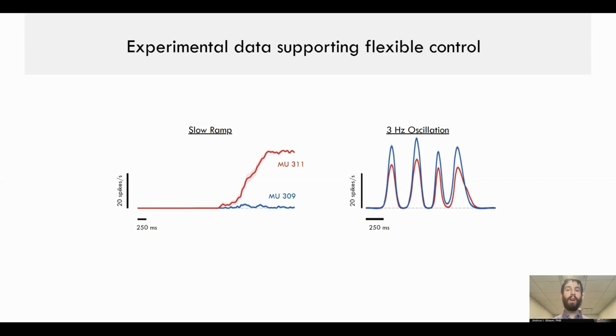Now, if you recall, for a model of rigid control, this model that has a single latent variable that explains everything, to explain the data we would need the red to be higher in the 3 Hertz condition on the right than the slow ramp condition on the left, because the activity of both units needs to increase together. So we'd need red in the 3 Hertz to be higher, or red in the slow ramp to be lower.